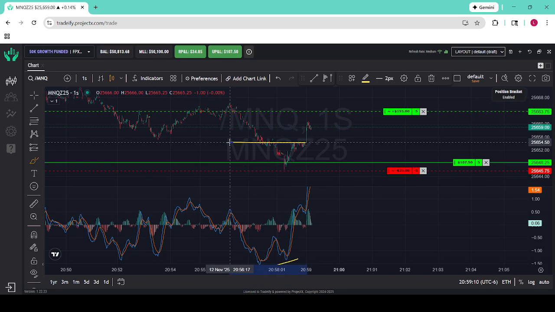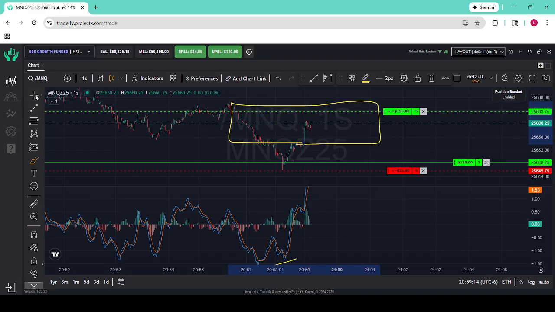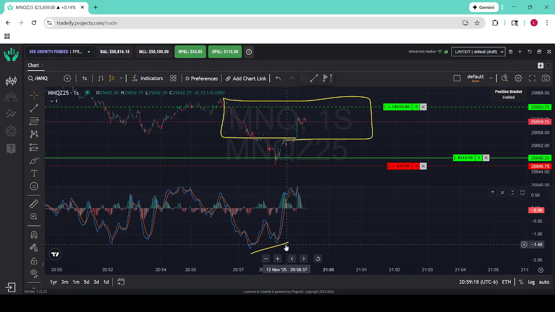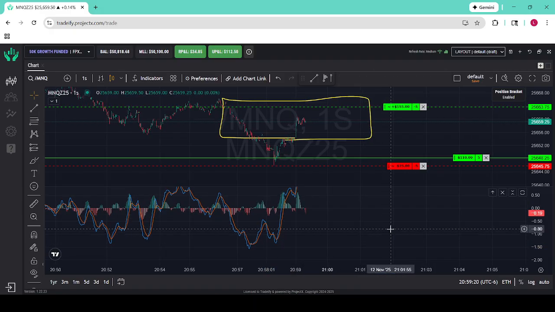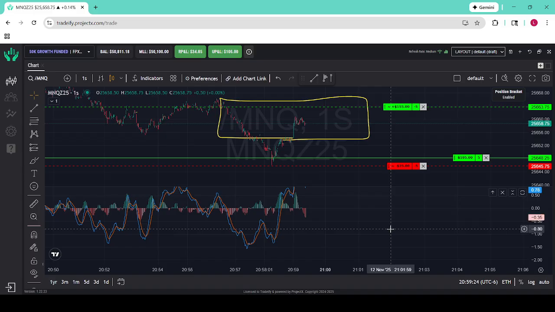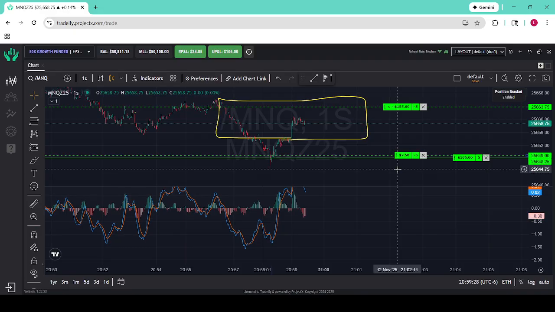Or massive, massive gap here. So just move that break even there.